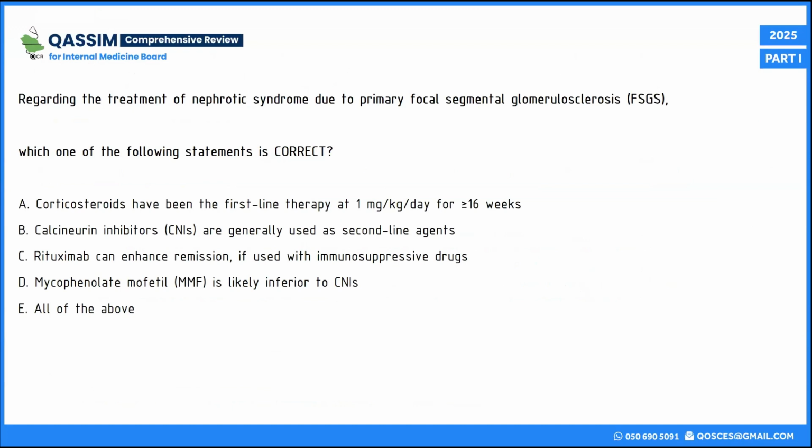Regarding the treatment of nephrotic syndrome due to primary FSGS, which of the following statements is correct? Corticosteroids have been the first line therapy at 1 milligram per kg per day. CNI are generally used as a second line agent. Rituximab can enhance remission. CellCept is likely inferior to CNI.